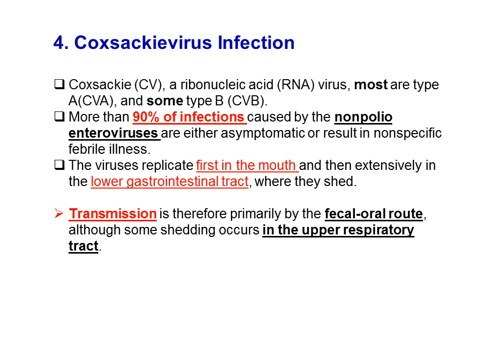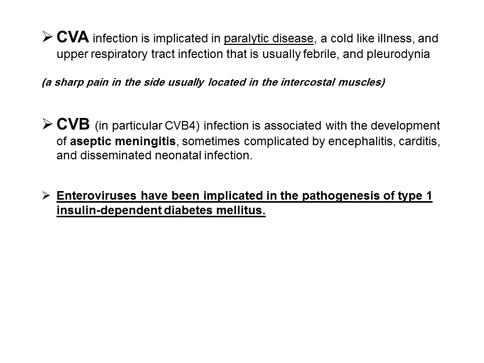The viruses replicate first in the mouth and then extensively in the lower GI tract, where they are shed. The mode of transmission of this virus is primarily by the fecal-oral route, although some shedding of the virus may occur in the upper respiratory tract.